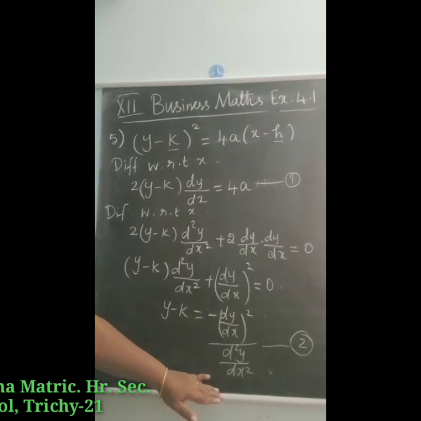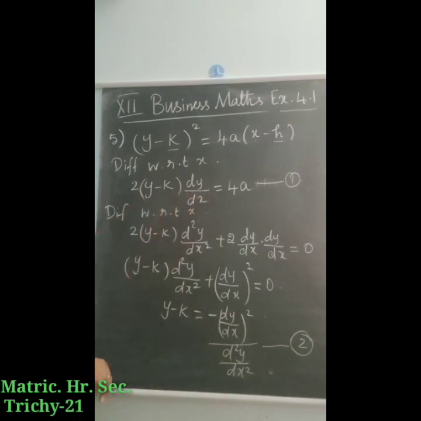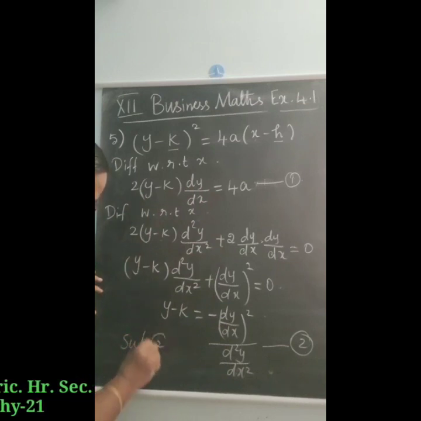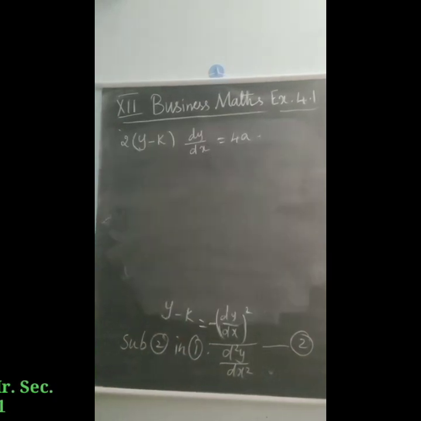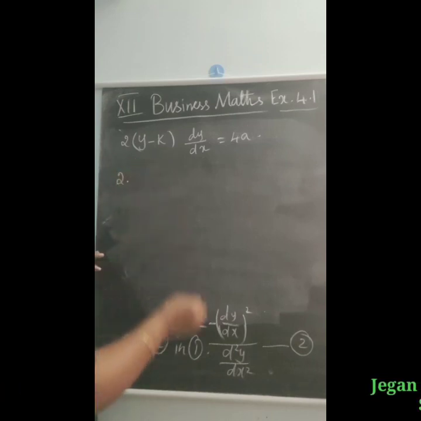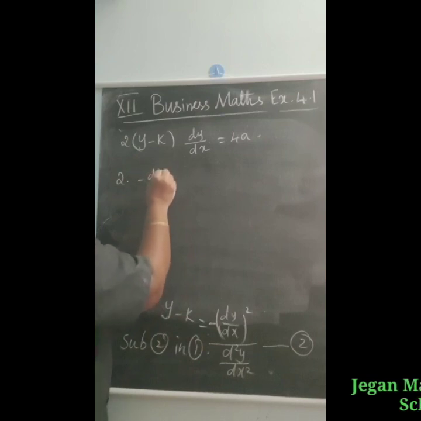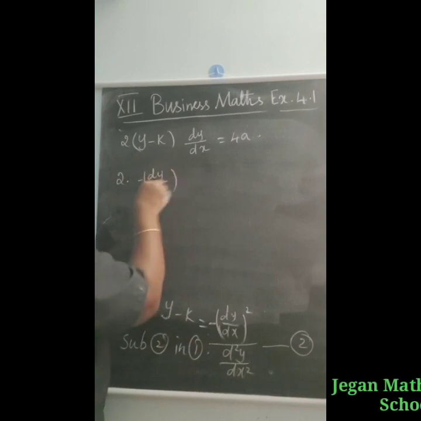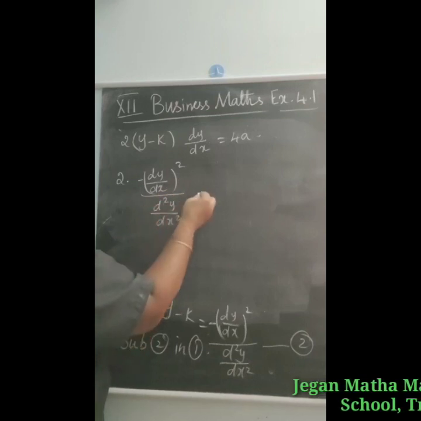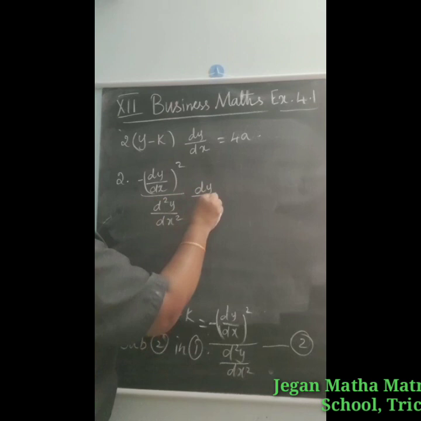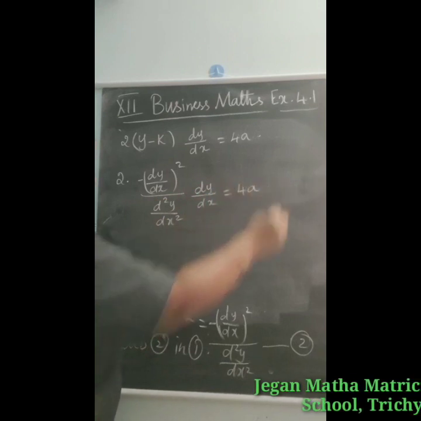You have to substitute this equation in the first equation. So substitute 2 in 1. In the first equation we are going to substitute the y minus k value. So 2 into minus dy by dx the whole square divided by d squared y by dx square into dy by dx is equal to 4a.